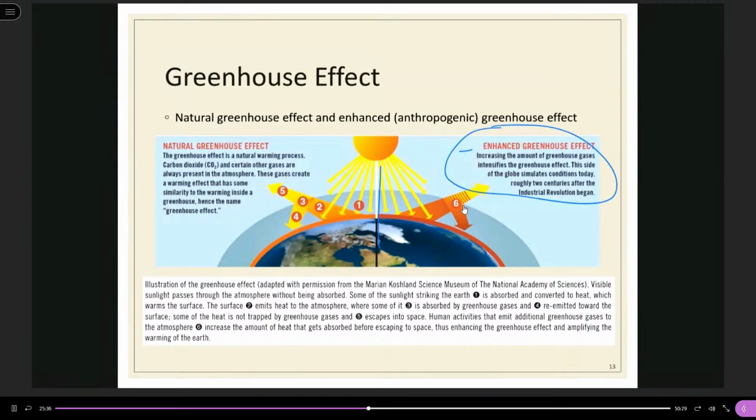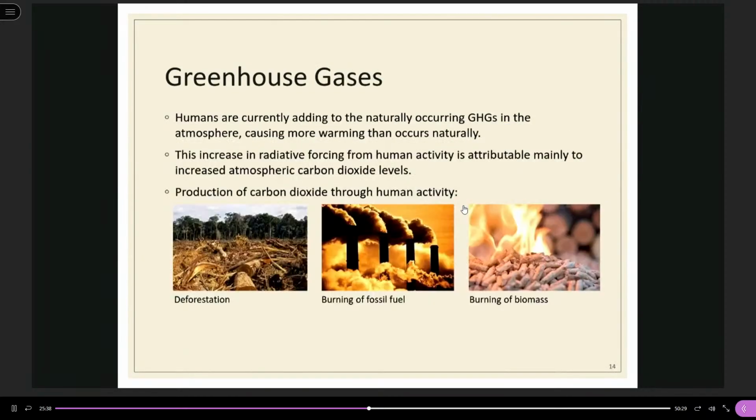So let's study the greenhouse gases. Humans are currently adding to the naturally occurring greenhouse gases in the atmosphere, causing more warming than occurs naturally. This increased radiative forcing from human activity is attributable mainly to increased atmospheric carbon dioxide levels.